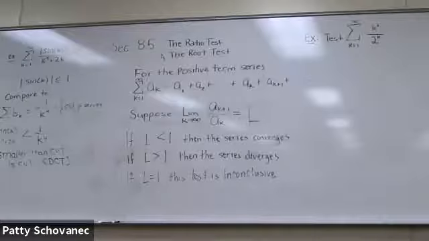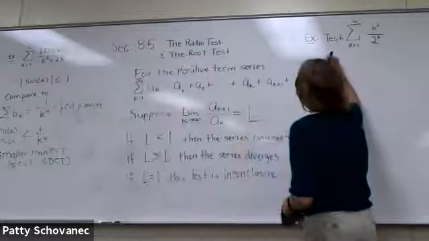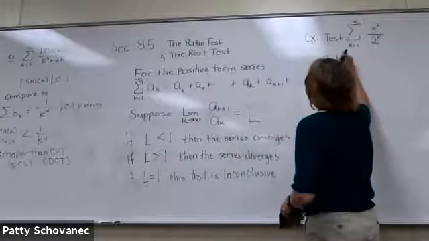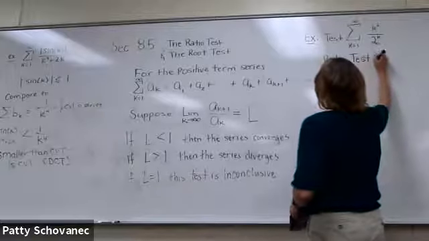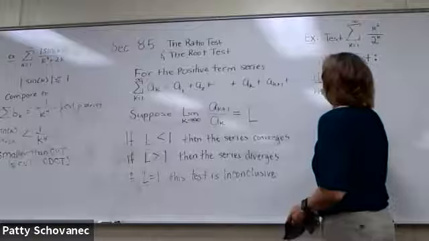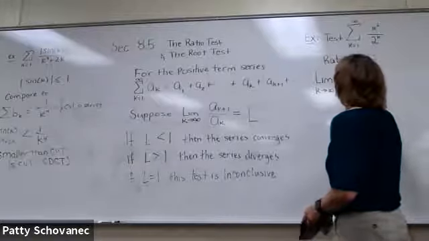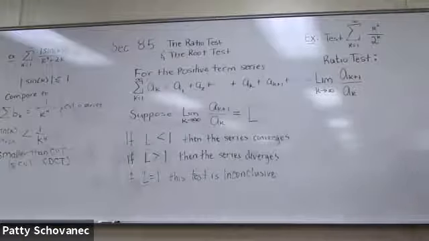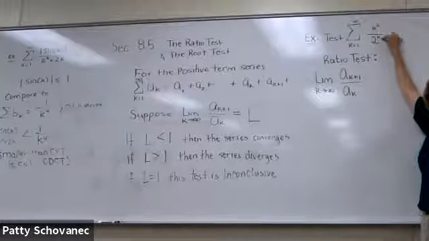So all we do is set up this limit right here. By the ratio test, we take the limit as k goes to infinity of the k plus first term over the kth term. To get the k plus first term, you take each k and replace it with k plus 1.